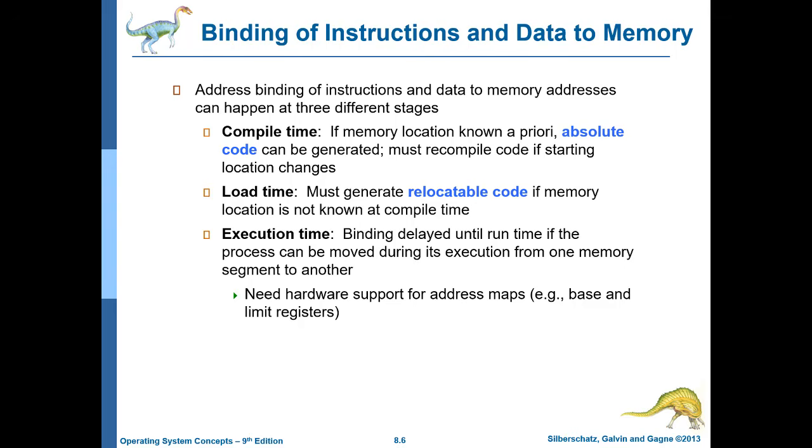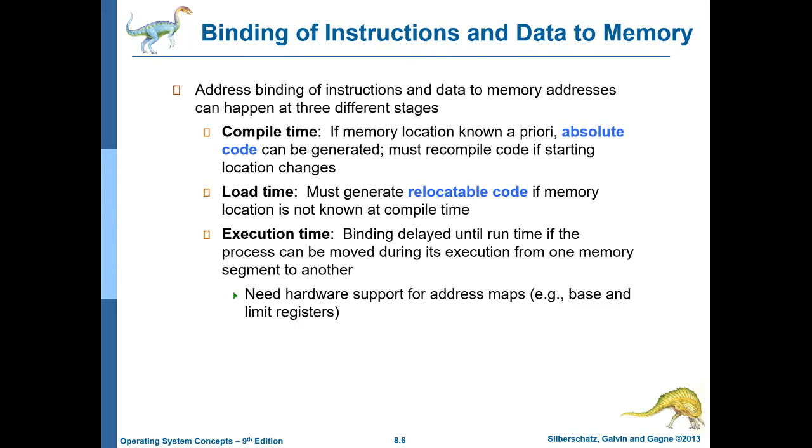It will be loaded starting from address 100. Then we can have an absolute code in which we write, let's start the program from address 100. But actually it does not work like this, because you are not sure at the compile time what will be your address of execution.